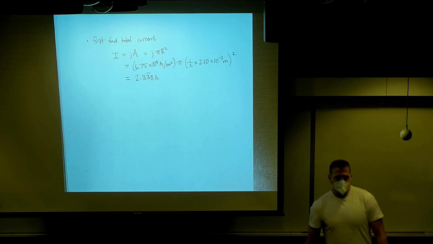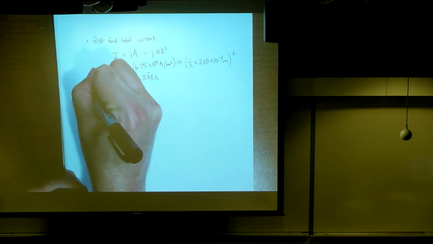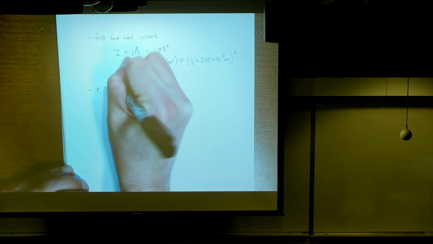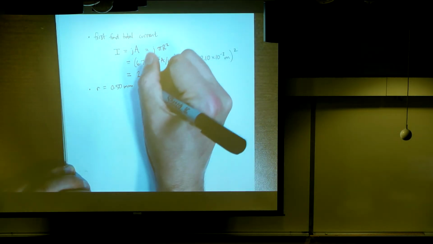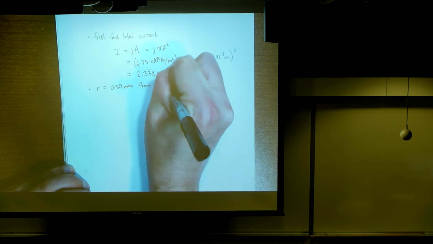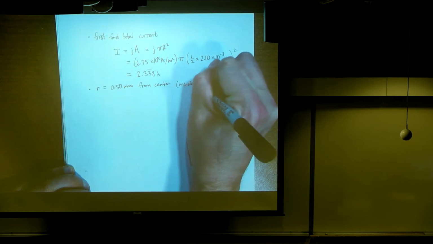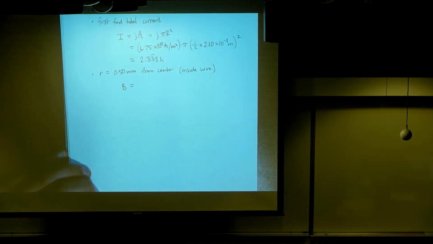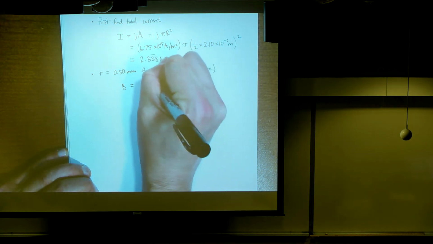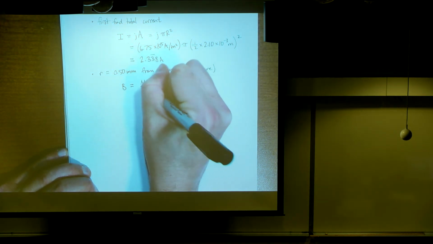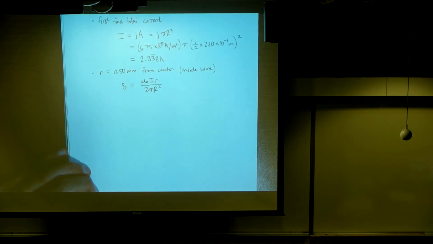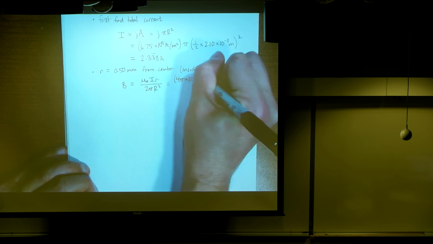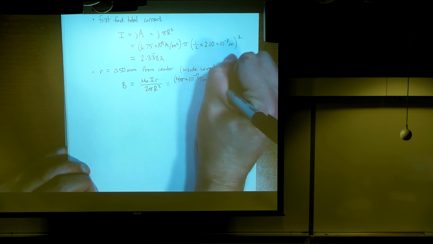Okay. So the first question is, what is the B field at a distance of 0.5 millimeters from the center? This is inside the wire, which means we're going to have to use this expression, which is mu naught I times little r divided by 2 pi times big R squared. So here, let's put the numbers in. We have 4 pi times 10 to the minus 7 Tesla meters per amp.